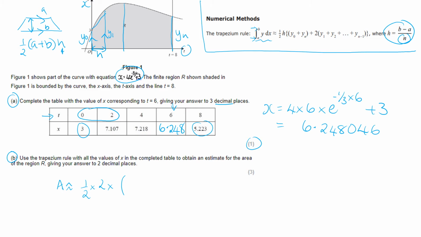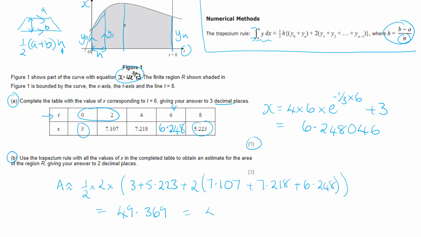It's one of each of those, so it's 3 plus 5.223, plus 2 lots of all the ones in the middle, 1.218, plus the one you've just found, and then all that on your calculator comes out to be 49.369, which is 49.37.